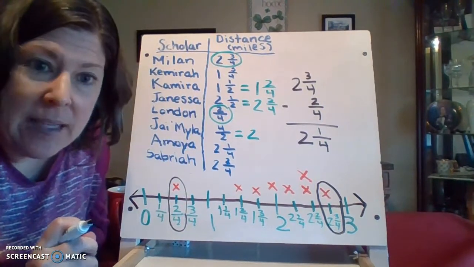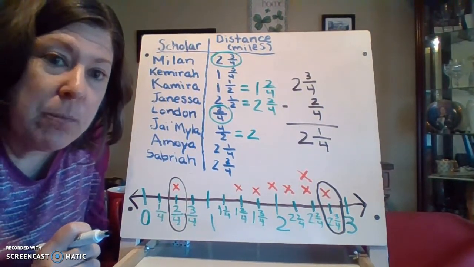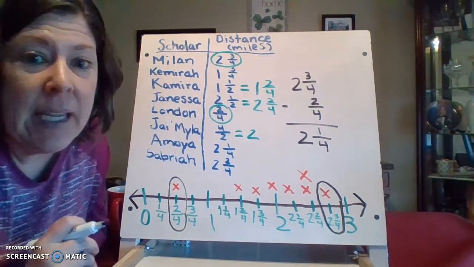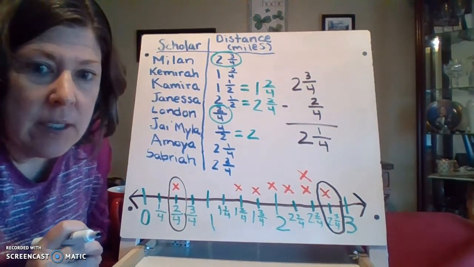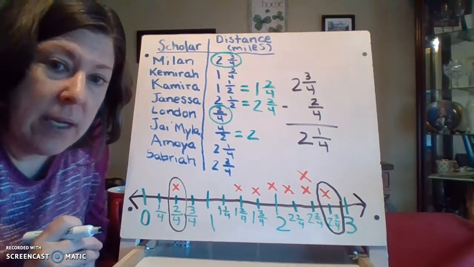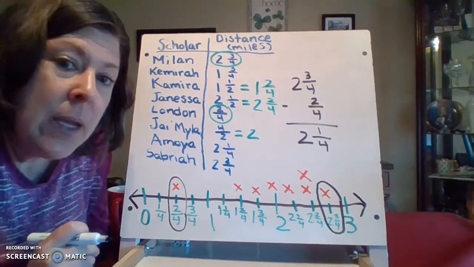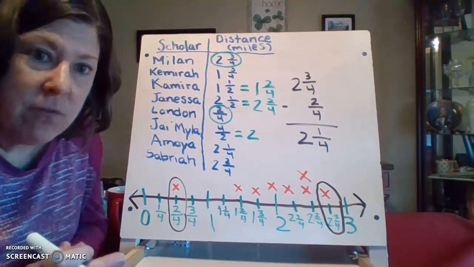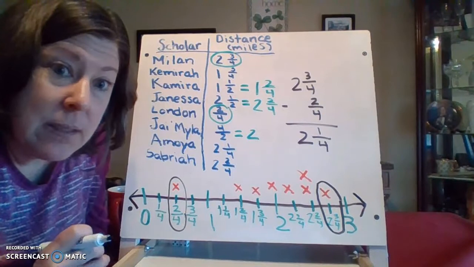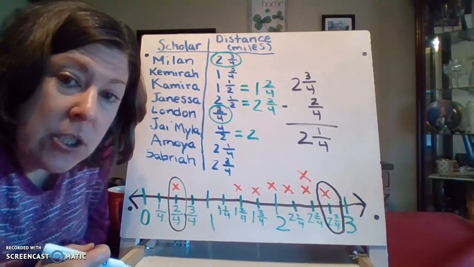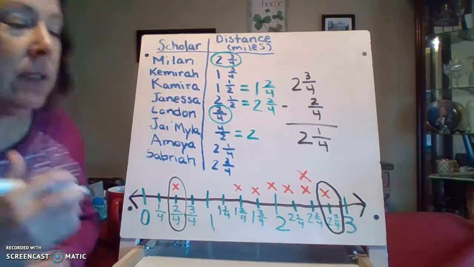I might also be asked about specific items in my data, like how much farther did Janessa run than Amoya? Again, how much farther means I'm going to be subtracting because I have to find the difference. So Janessa had 2 and 2/4.